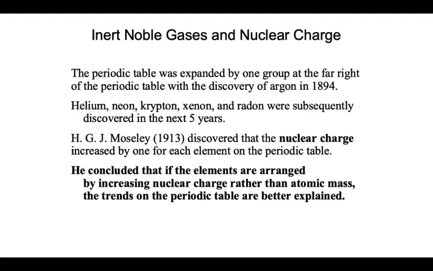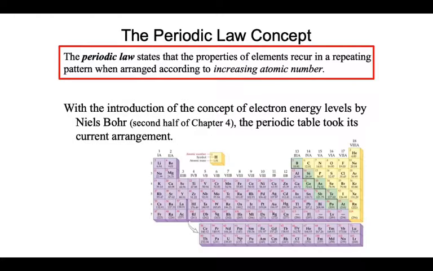What that becomes known as is the periodic law. Our periodic law is that elements recur in repeating patterns when they are organized according to increasing atomic number. Atomic number is our number of protons. When we look at the periodic table, what's typically the first number we see for any individual element?